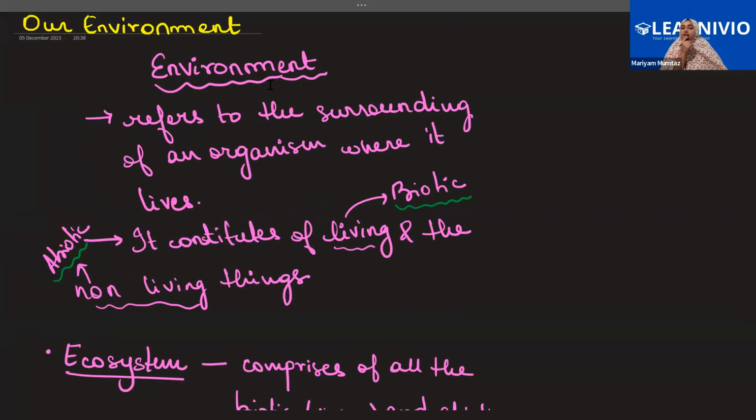And the abiotic component is the non-living component, like air and water, which we definitely need for our survival.